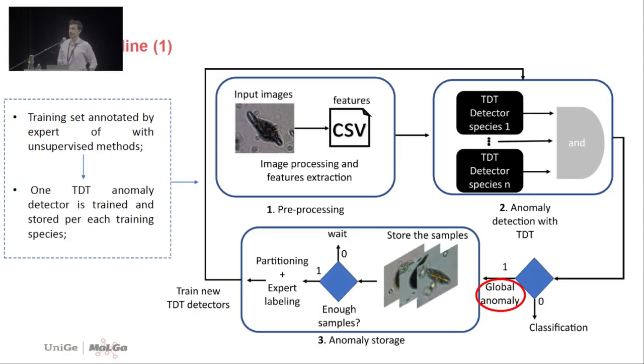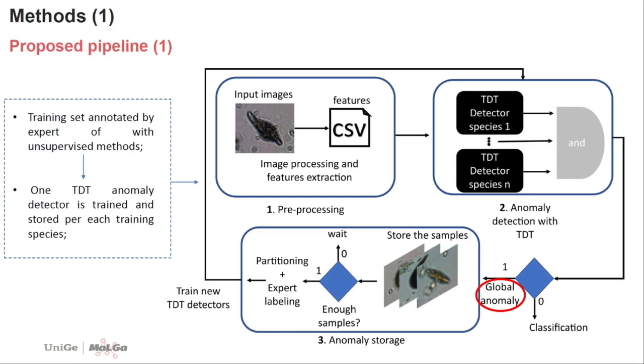Now I will give more details about the proposed methodology. First, we suppose that an initial training set is available, and this could be either annotated by experts of the field or by means of unsupervised methods. In any case, one TDT anomaly detector is trained for each of the available species and is stored. At this point, the proposed pipeline is composed of three main steps.